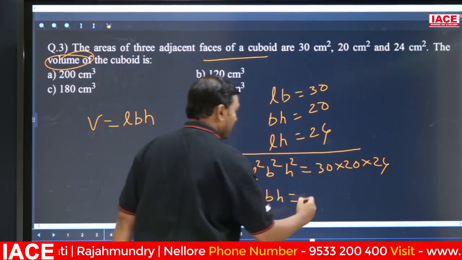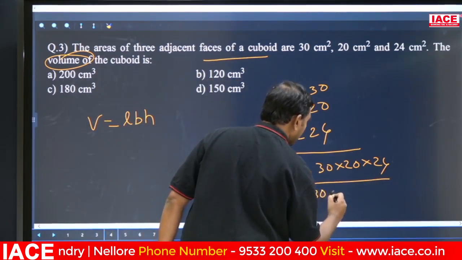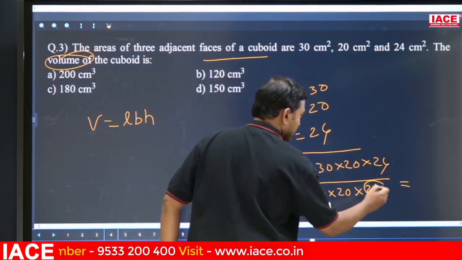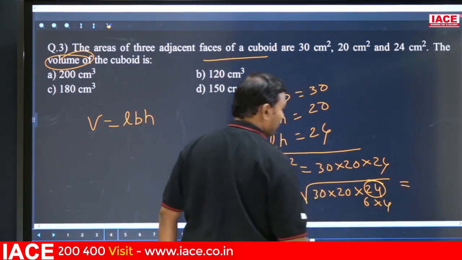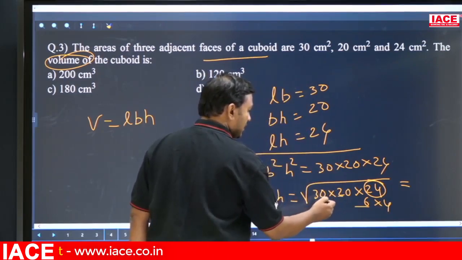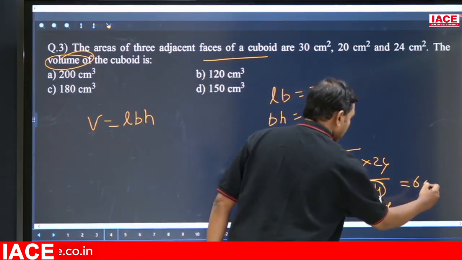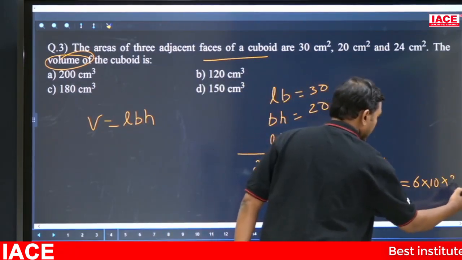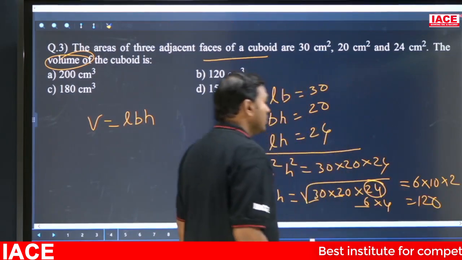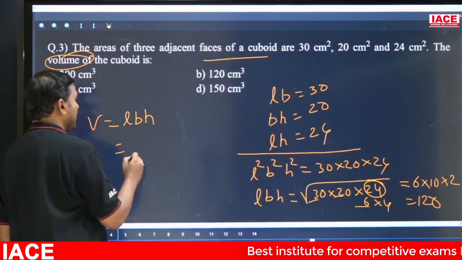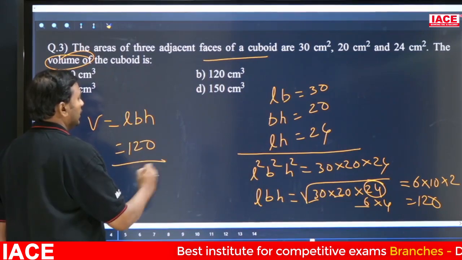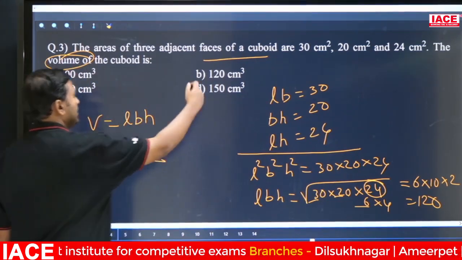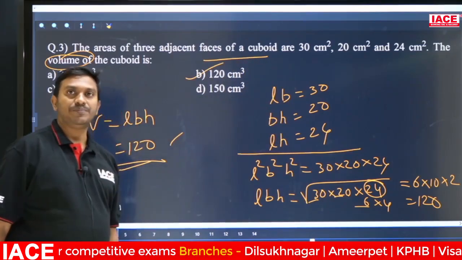We can write 24 as 6 into 4. Then we get 10 into 10 into 6 into 6 into 4, and the square root is 10 into 6 into 2, which is 120. So the volume of the cuboid is 120 centimeter cube, which is the right answer.